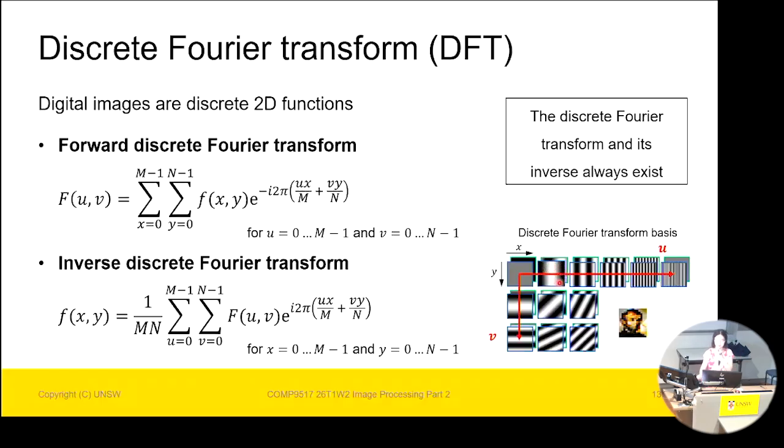So if we cover all the pixels in the image using a single sine wave, and then compute the correlation between that sine wave and the image itself, that gives you a measure of how much information is in this image of this particular frequency. That frequency means u is 1, v is 0.